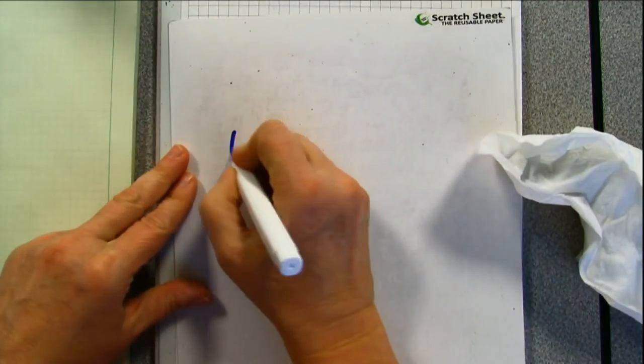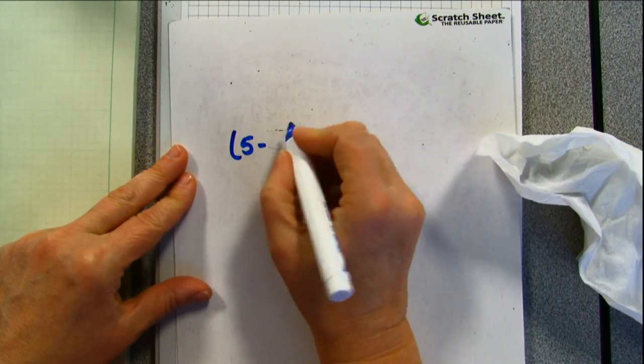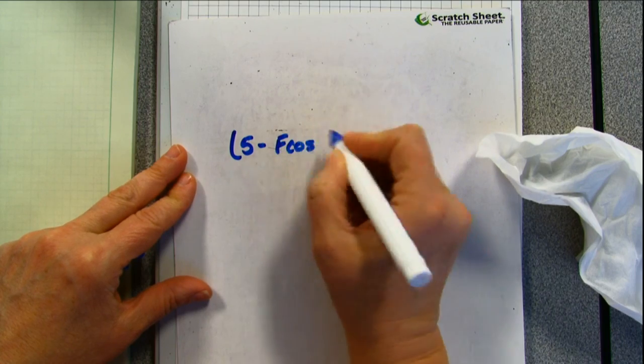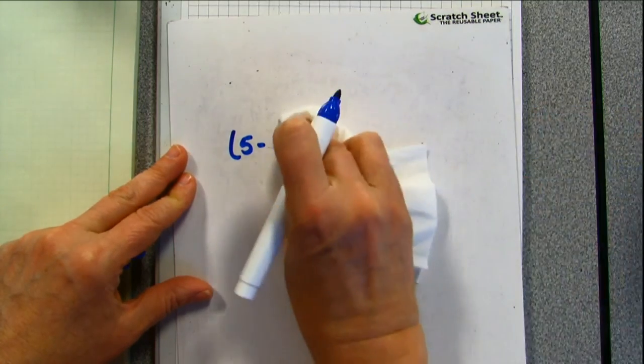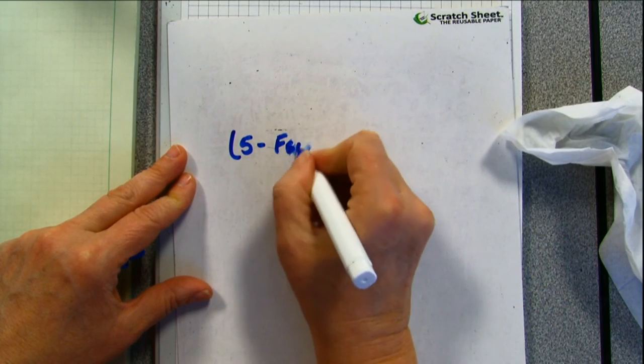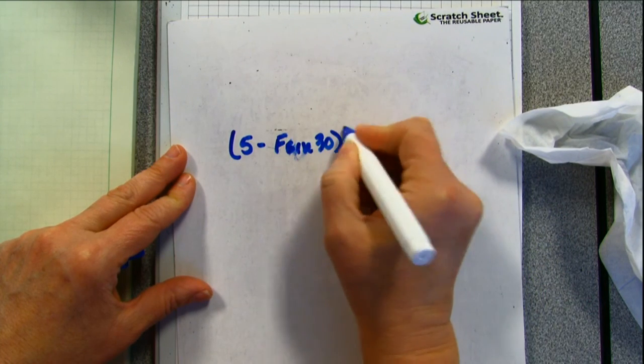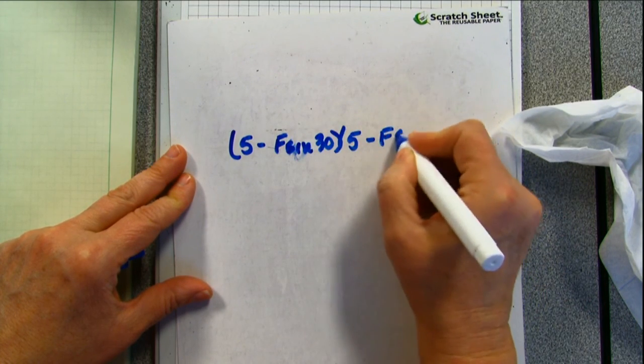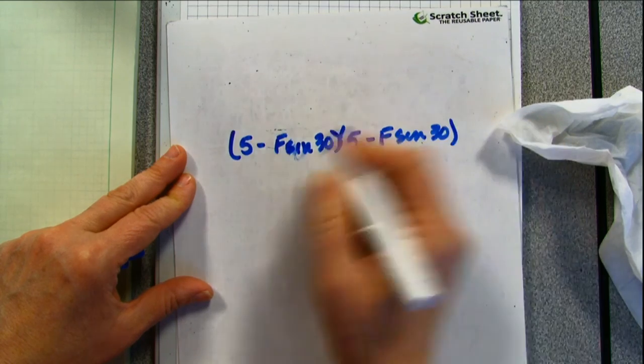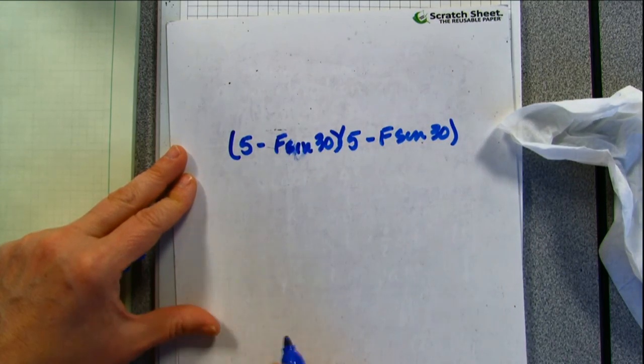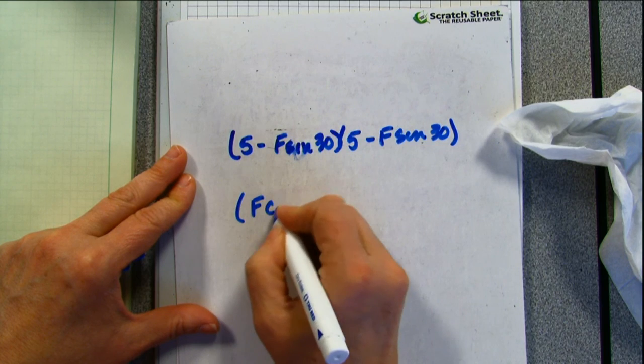Here's the gory algebra. I got to do 5 minus f sine 30 degrees times 5 minus f sine 30 degrees. I'm going to FOIL that, and I'm going to FOIL the other one.